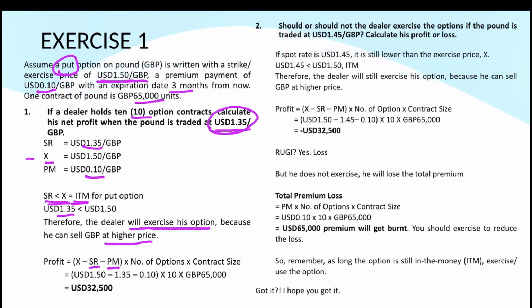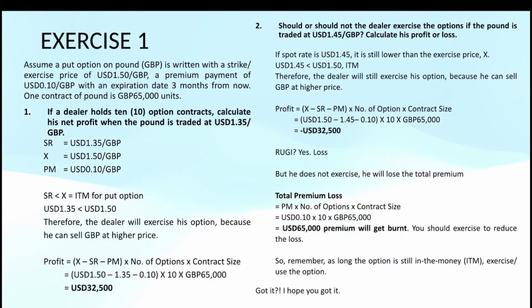So when you calculate, 1.50 minus SR 1.35 minus 0.1, times 10 options, times contract size 65,000, you will get 32,500. So this is the profit when you exercise the option. I hope all of you understand.